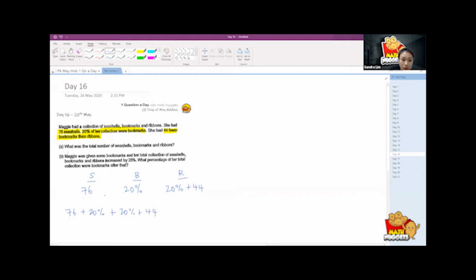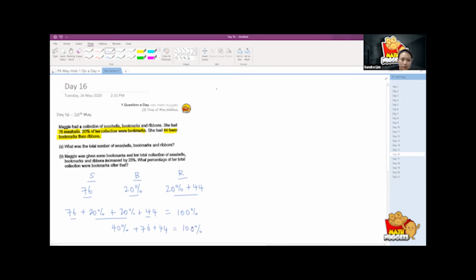I basically add all three of these up. And all three of them should give me 100%. Right? So then I'm going to add up the percentages. So this is 40%. And I add up the two numbers. So 40% plus 76 plus 44 is 100%.